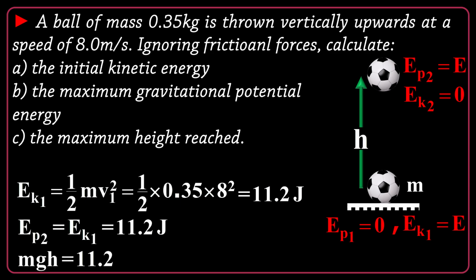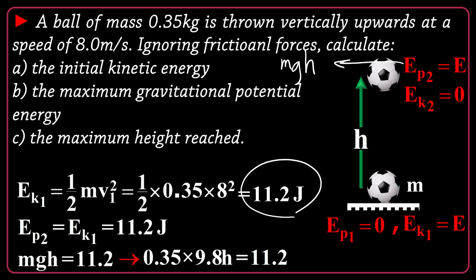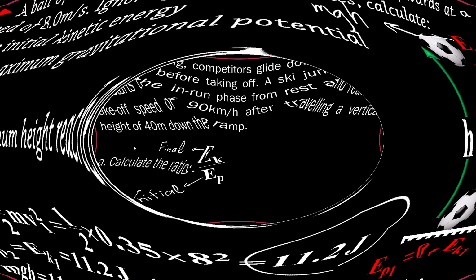Very easy due to conservation. mgh, the gravitational potential energy at the peak point, is equal to 11.2. Then let's plug in the values, mass, gravitational acceleration, and my goal, h, maximum height. The height is going to be 3.4 meters, maximum height.